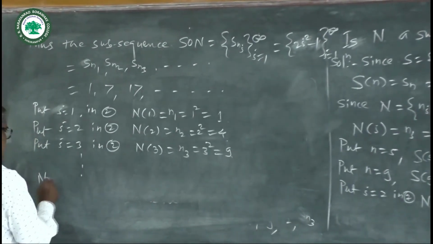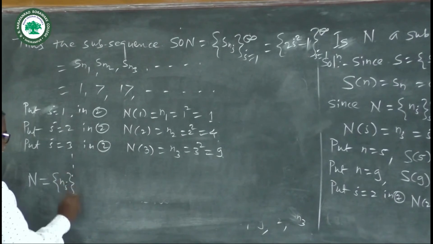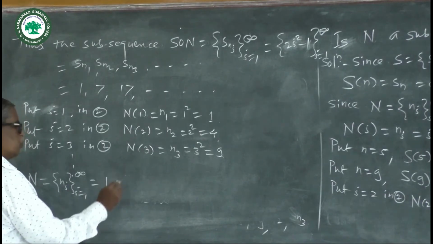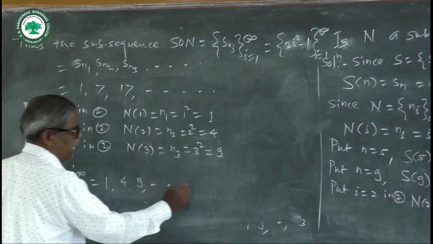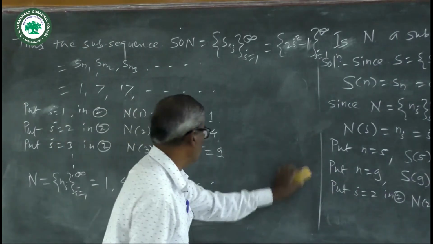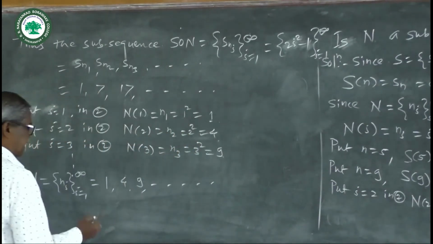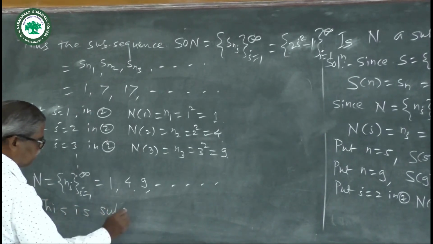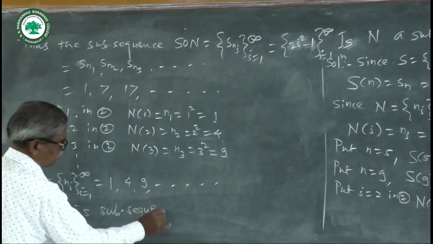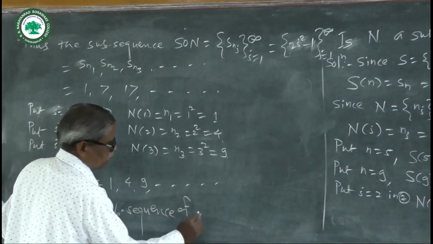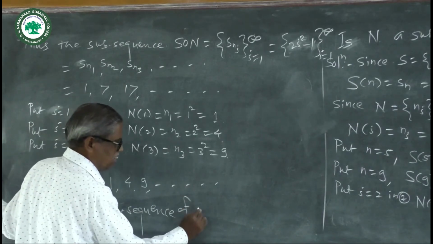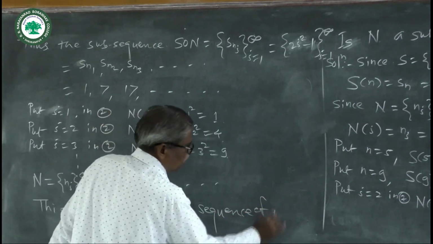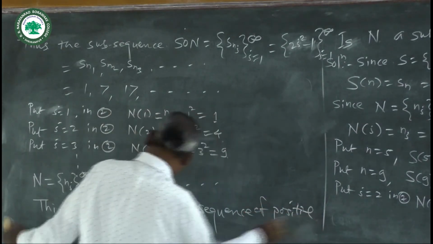Therefore, capital N is equal to n_i, i is equal to 1 to infinity, is equal to 1 square, that is 1, 2 square is 4, 3 square is 9, and so on. This is a subsequence of the sequence of positive integers.